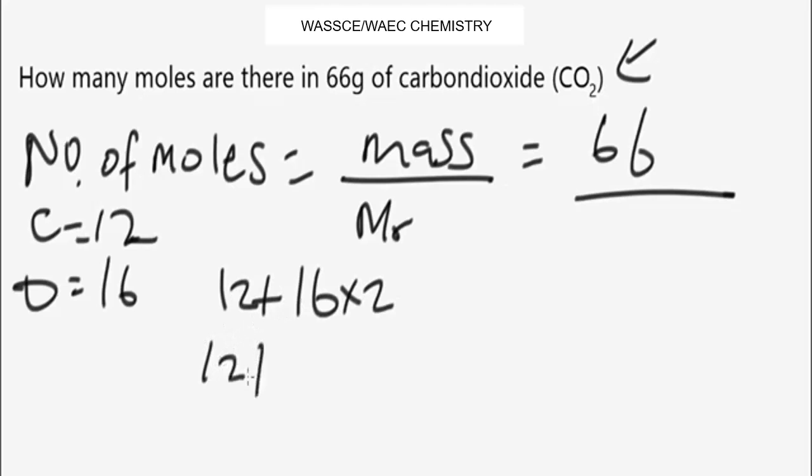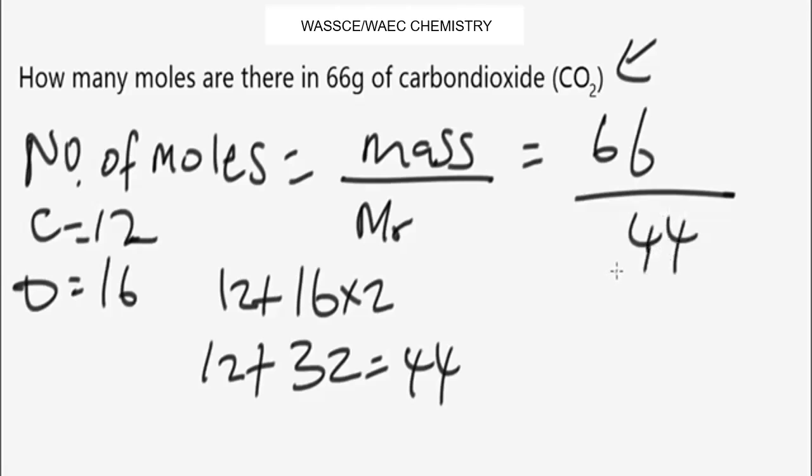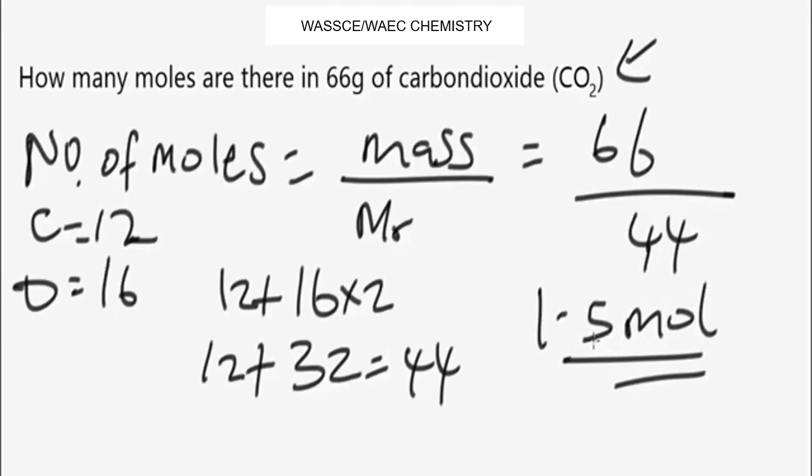So this gives us 12 plus 32, which is 44. Bringing it here, we have 66 over 44. When you punch it on the calculator, we get 1.5, so it is 1.5 mole. That is the answer to this question. It is as simple as that.